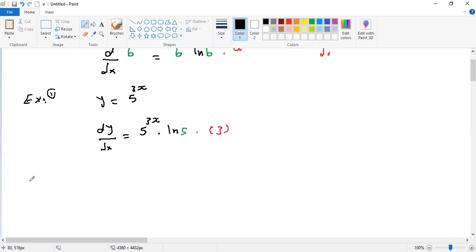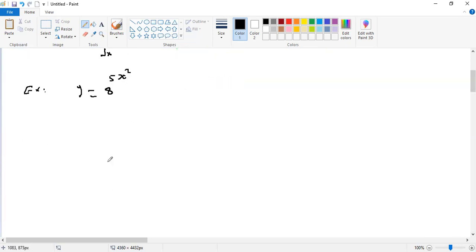Another example. Let us say y equals 8 to the power 5x squared. So the derivative, y prime, dy/dx equals the same, 8 to the power 5x squared, times ln of the base, multiplied by the derivative of the power.